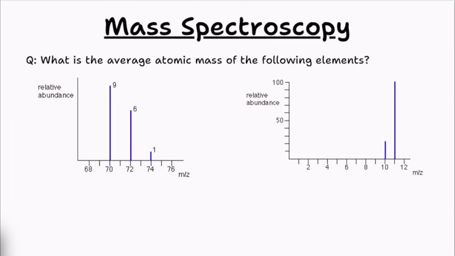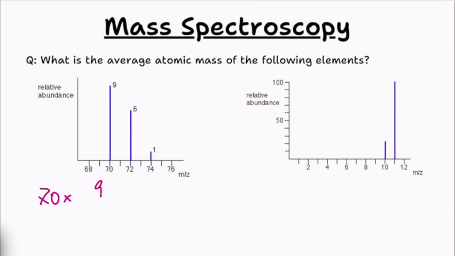So the relative abundance is not given in the form of a percentage, right? It's given in the form of the integers 9, 6, 1. It just represents the ratio. The ratio of the isotopes 70, 72, 74 is 9 to 6 to 1. So how I do this type of question is by multiplying the mass of each isotope by the percent of the corresponding isotope.